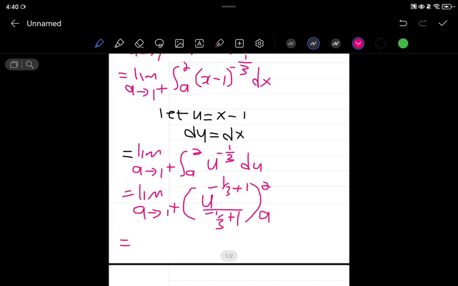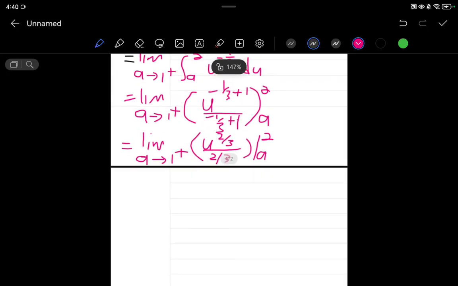Then this would be the limit, then this would be u to the 2 over 3 over 2 over 3, from a to 2, right?